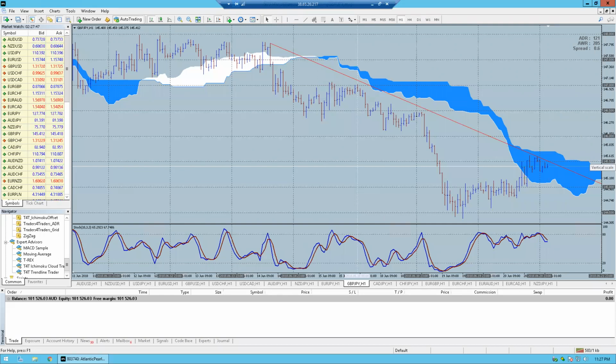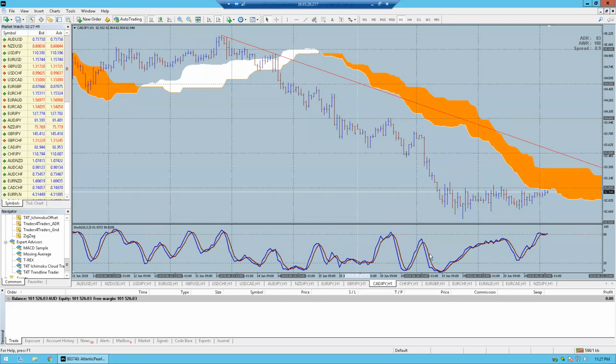If I just keep pushing through, there's a couple more to have a look at. The CAD yen. Okay, the trend line's much higher. It does look like it's ready to pop inside the cloud. So on that currency pair, the main trade may be the break of the lower part of the cloud, although the second part of the cloud will confirm that break. The downside is close and it does look quite appealing.